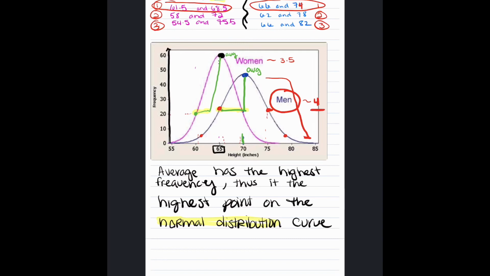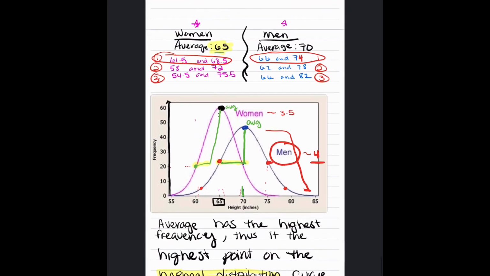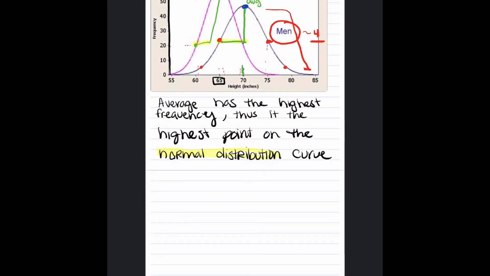So to put it all together in a sentence, we could say that the reason the normal distribution curve is higher for women is because they have a smaller standard deviation. So the curve for women is higher because there's a smaller standard deviation.